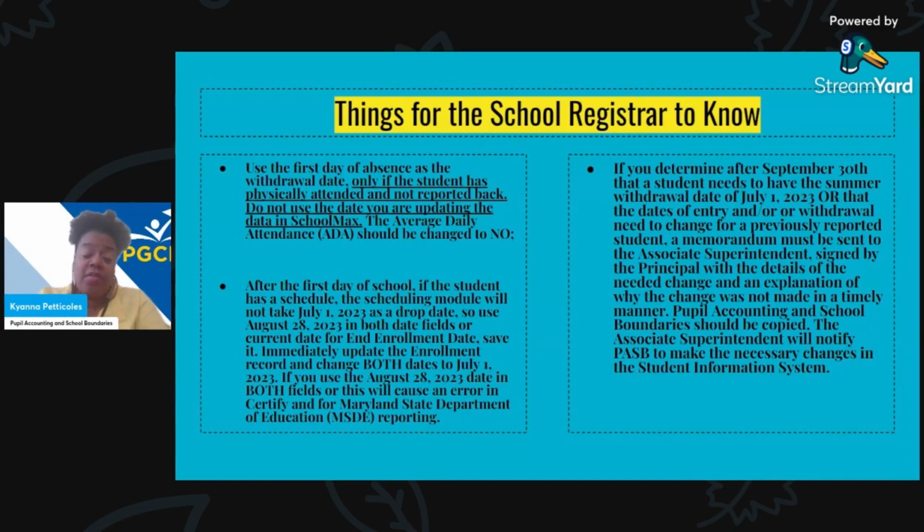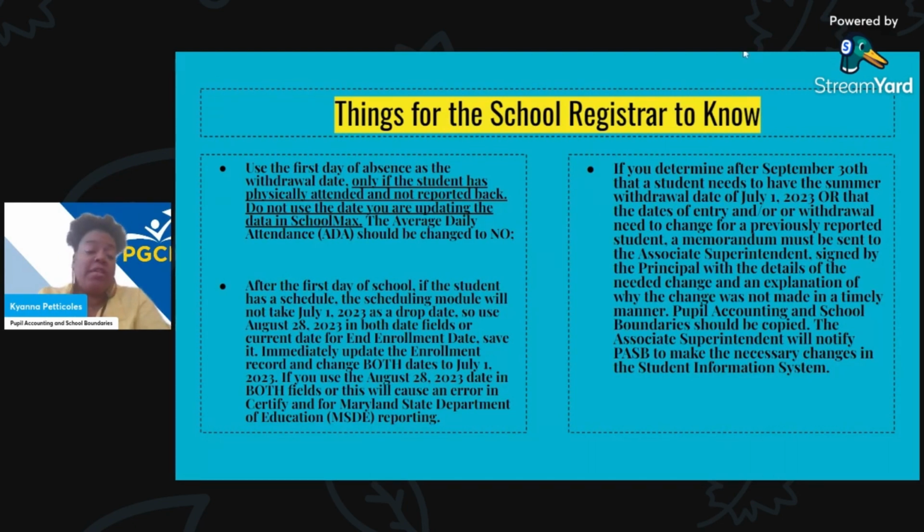Other things that the registrars may need to know, again, with the withdrawing of the students, we talked about withdrawing by the 15th, and you'll want to make sure that those students will be withdrawn using the July 1, 2003 withdrawal date. So that date would be used in the begin and end enrollment dates for the students.